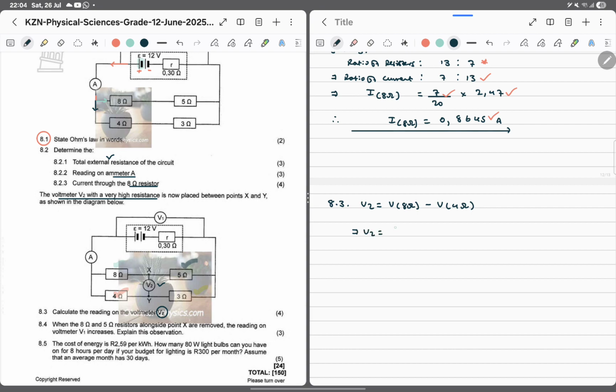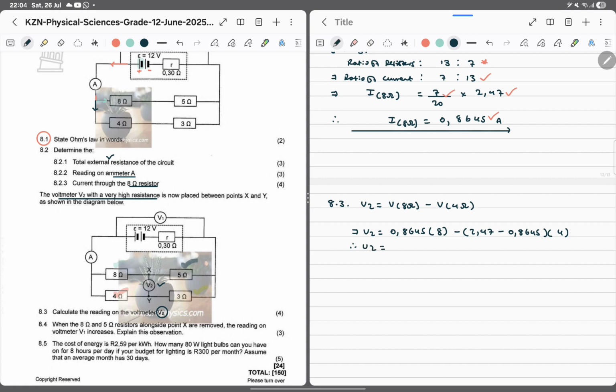V2 there is going to be IR, isn't it? The current there is 0.8645 into 8 minus the current, which is going to be the total current here, 2.47 minus 0.8645, into the 4 ohm.